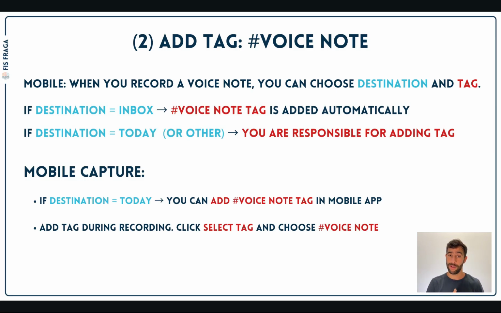Now, you can do this both in the mobile app or later in the desktop. So if the destination is today, you can do it straight in the mobile app and choose the tag and select tag as the voice note, or you can do it later.